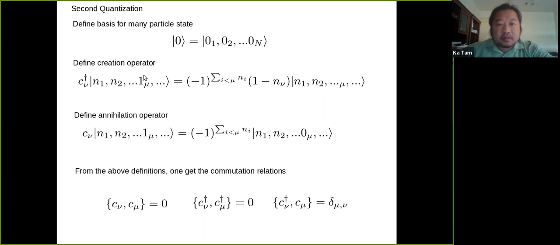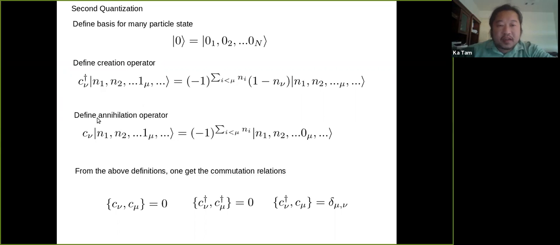This should be 0 at nu, and this is 1 at nu here. So you create a particle in a state originally empty, ending with 1 particle at state nu. And we have a phase factor in front of it because this is fermion, so when you swap the particles you have to anti-symmetrize it. This is the same reason why we need to have an anti-symmetric wave function.